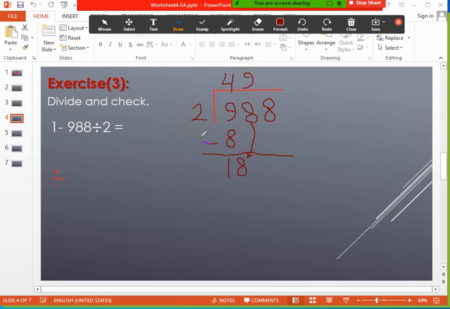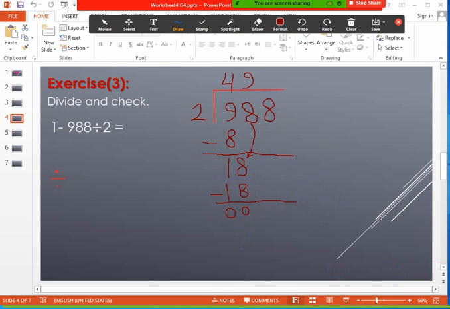Now 9 multiplied by 2 equals 18, as you said. If I subtract the numbers, it will be what? 8 minus 8. 1 minus 1. Also 0. Okay, thank you, Lana.